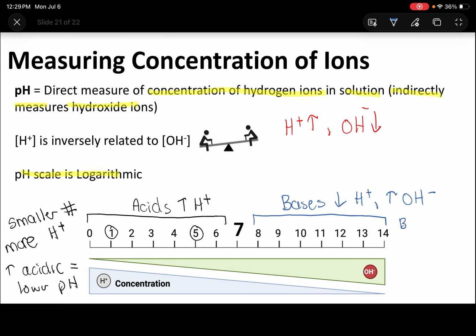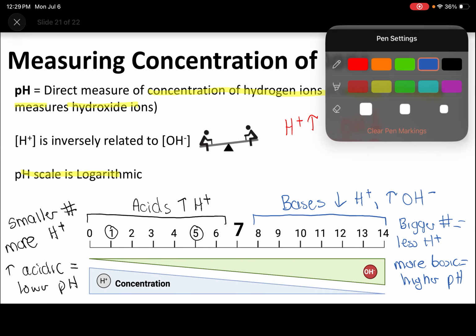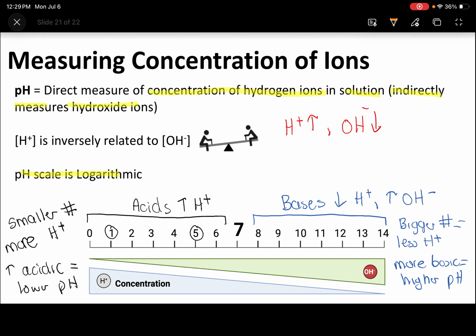So the bigger the number, the fewer hydrogen ions it has. So if we say something is more basic, that means a higher pH, okay? And finally, this little number in the center, 7. This means neutral.